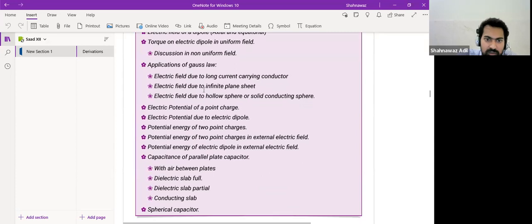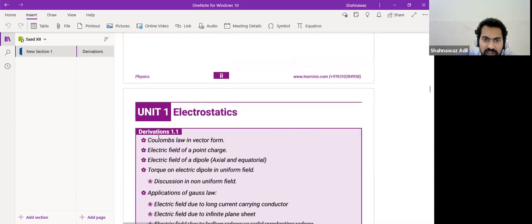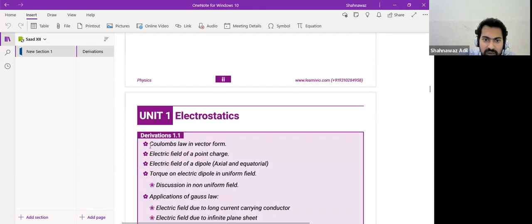So this is the first derivation. But before I do this derivation, I first need to tell you about Coulomb's law.